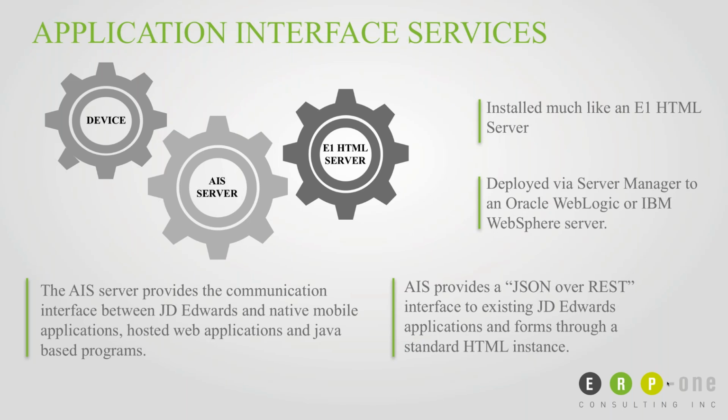So all these different types of applications that we want to be able to talk to JD Edwards, the AIS server is that interpreter or that gateway that will allow that to happen. It uses some technology that you've maybe never heard of before called JSON over REST, which is really just the rules of how we're going to do that communication. And we're going to get into that in more depth in the next few slides.